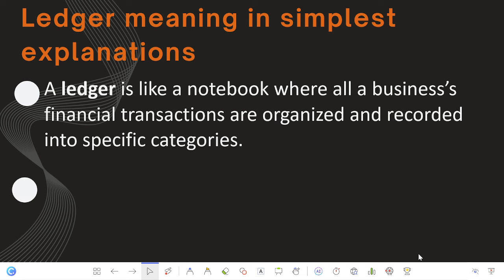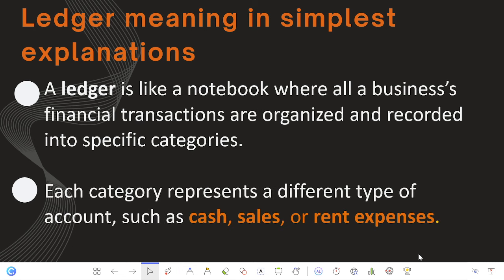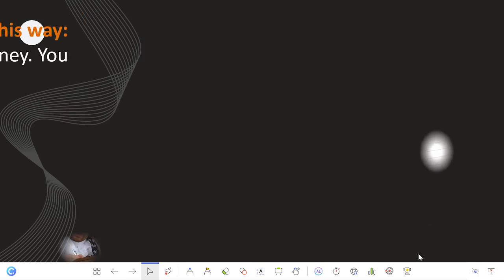It can be just in accounting software, during this time of digitized accounting and ways of recording financial information. Each category represents a different type of account, such as cash, sales, rent expenses, capital, and many others depending on the nature of transactions.